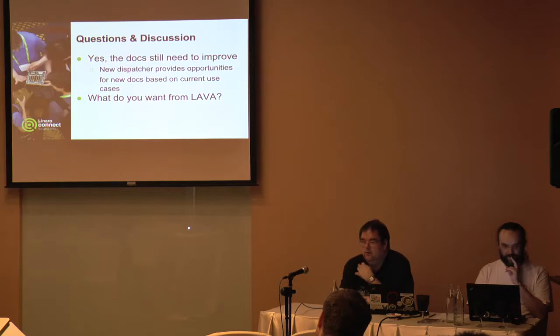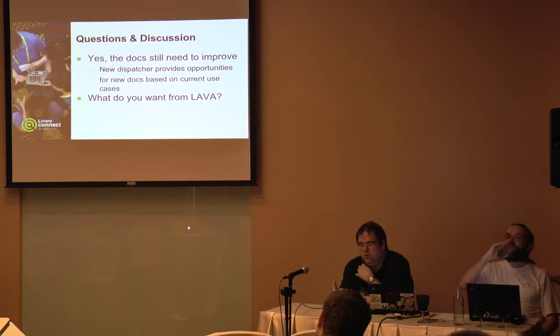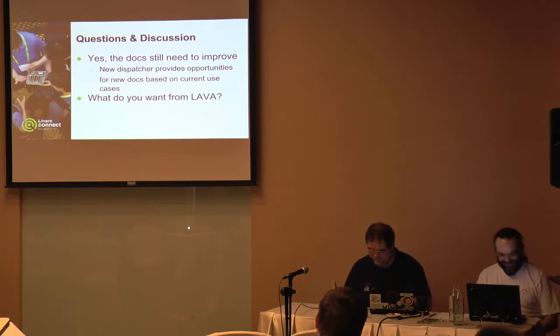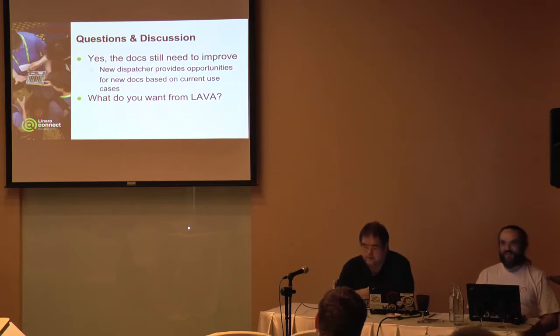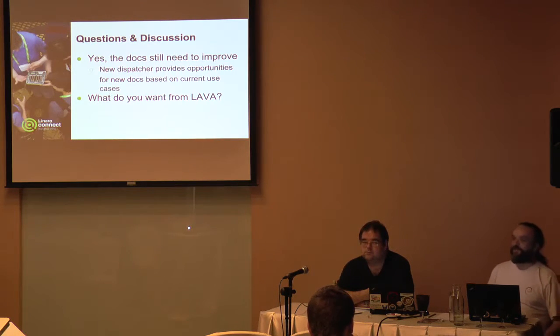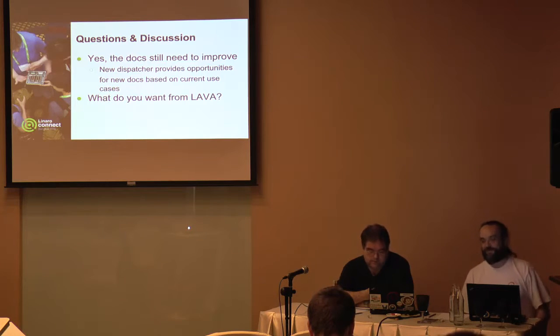So, as a summary, yes, we know that the documentation still needs to improve. I've spent most of the last month or so reading all the docs, and I'm about to start making some changes. He's got one set of changes in, it's just not showing up on the Cambridge lab yet.